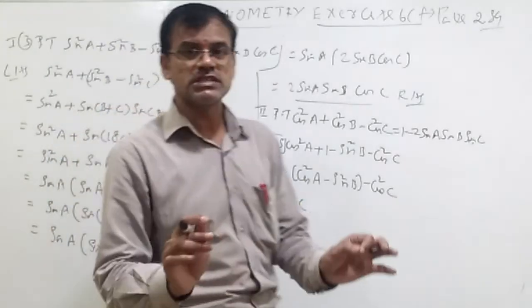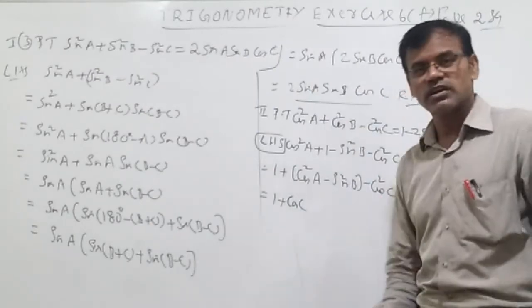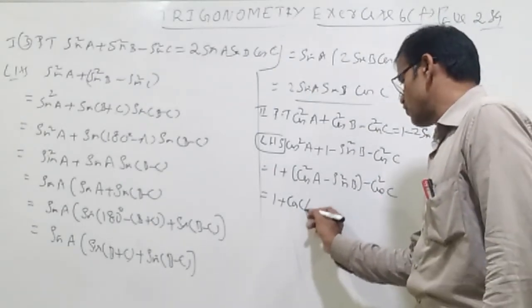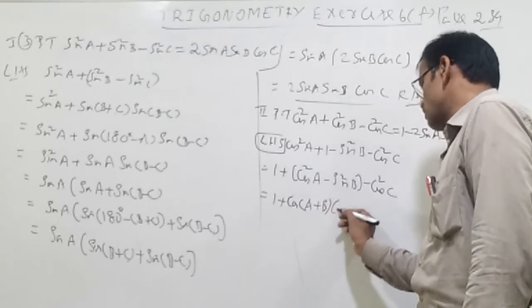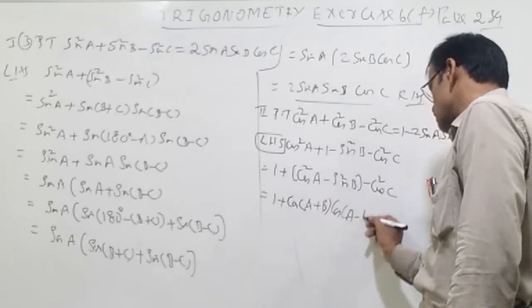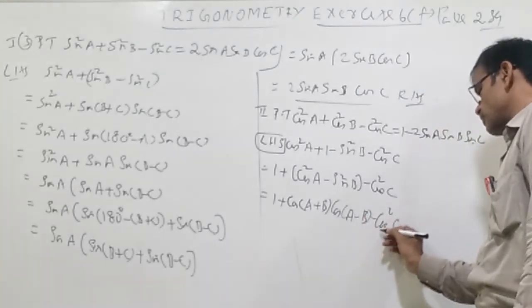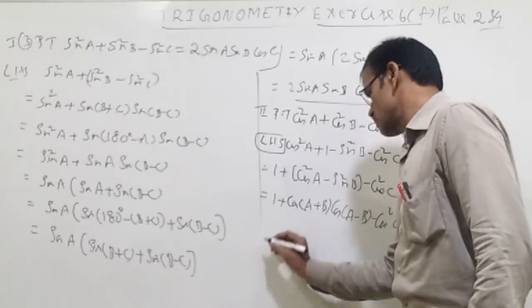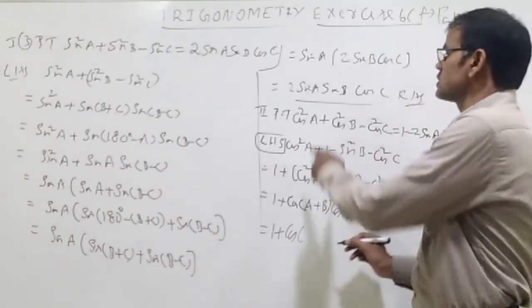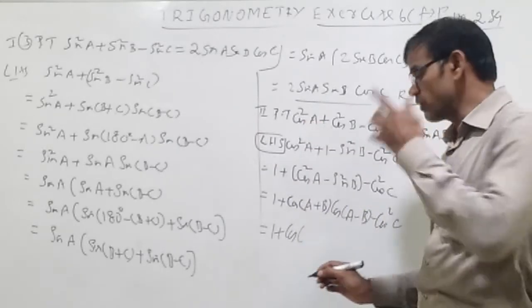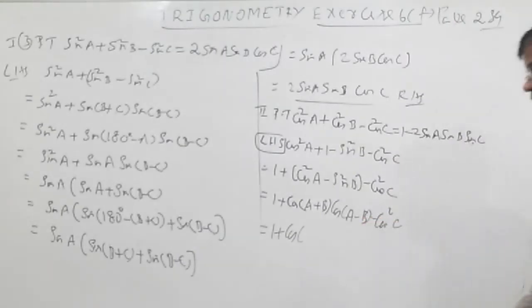Plenty of times I am discussing with you that if you know formula then only you can understand. If you don't know formula you cannot understand. Now, the formula of cos square A minus sin square B is cos of A plus B into cos of A minus B. So 1 plus cos of A plus B into cos of A minus B minus cos square C. Because these are angles of triangle, unless otherwise mentioned, we can understand that these are angles of triangle.